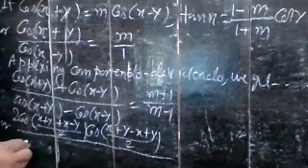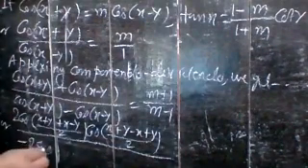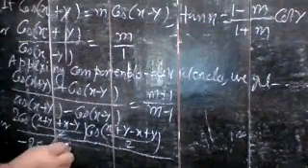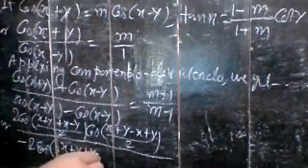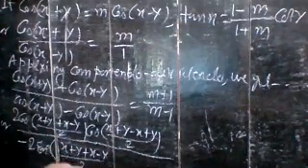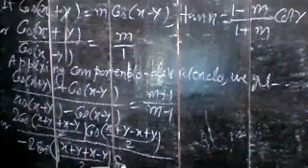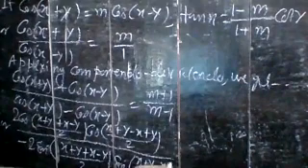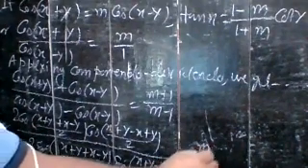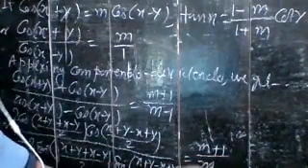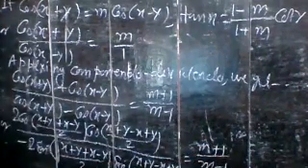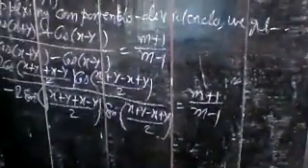And in the denominator you apply minus 2 sin of (x plus y plus x minus y) by 2, and sin of (x plus y minus x plus y) by 2, is equal to (m plus 1) upon (m minus 1). You write it in this way.